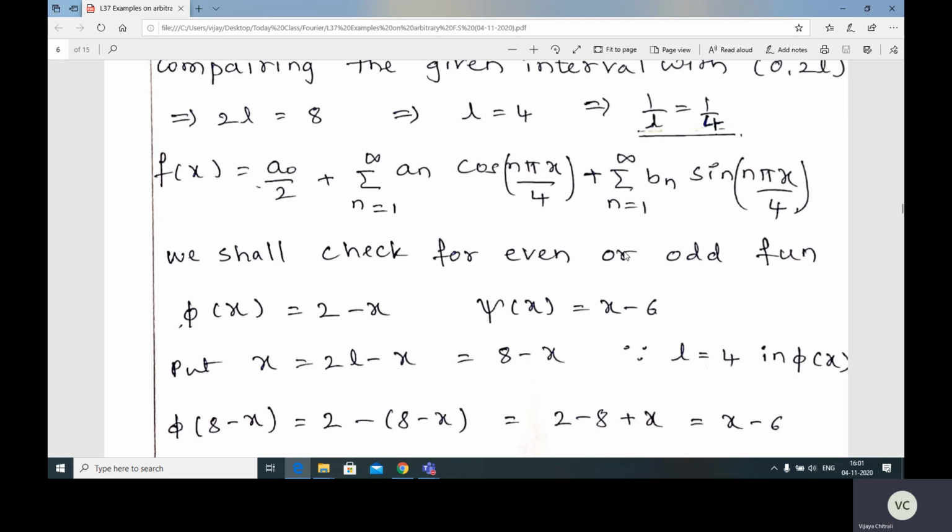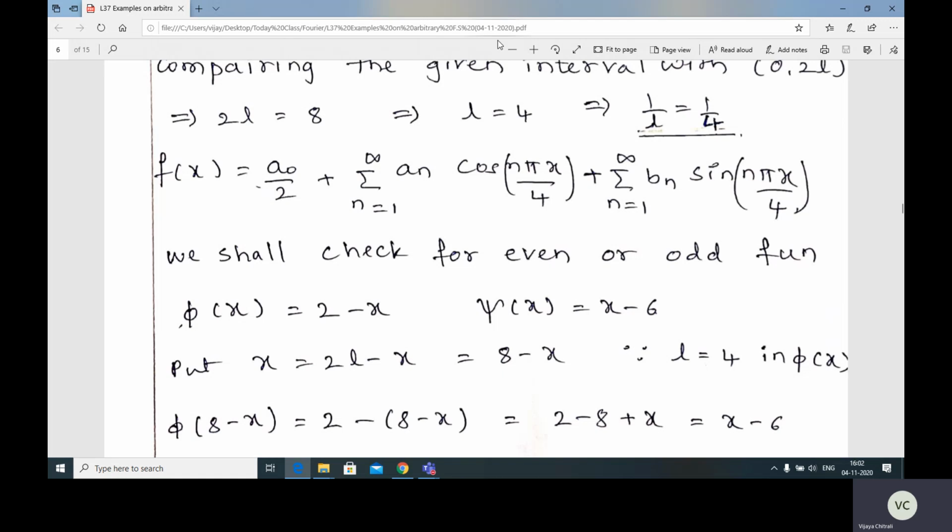Now this interval is of the form 0 to 2l. If the interval is 0 to 2l, to check whether the given function is even or odd, we substitute x as 2l − x. In place of 2l in this example we have 8.